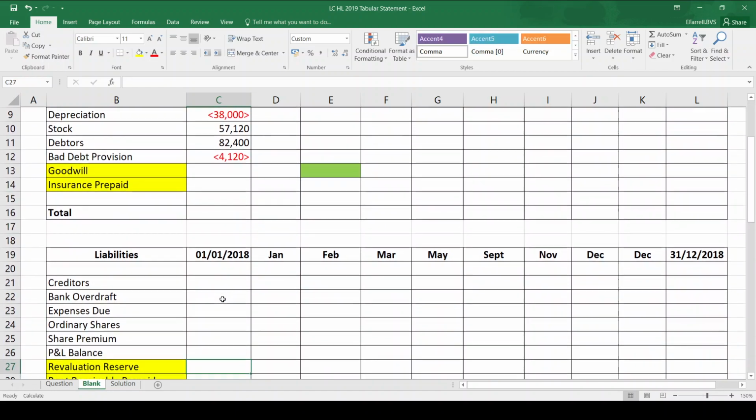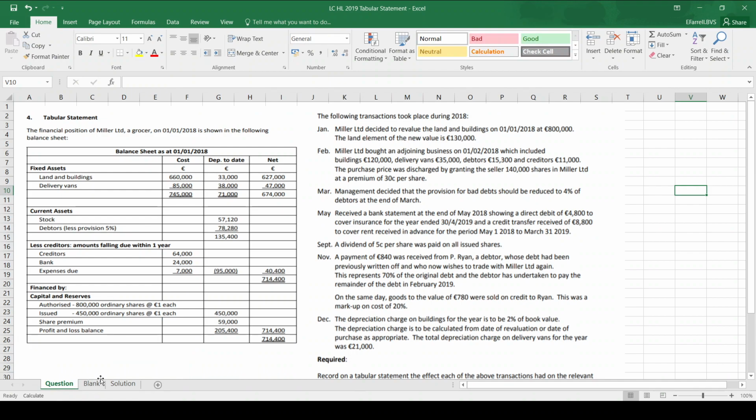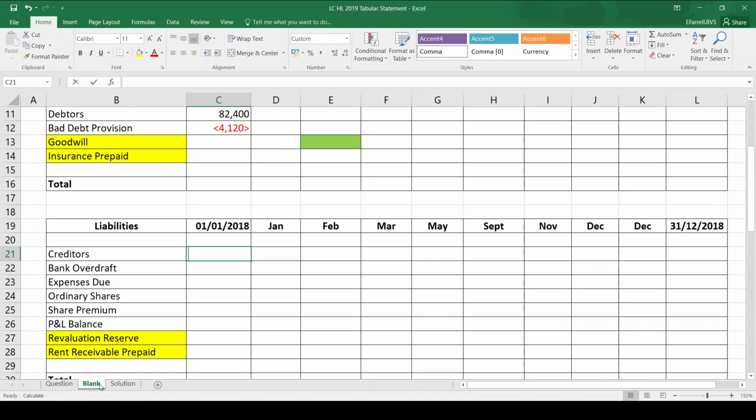Next, we will have a look at our liabilities. So again, we're going to put in just our current liabilities here from the question. So creditors are 64,000. Our bank overdraft is 24,000. Expenses due are 7,000.